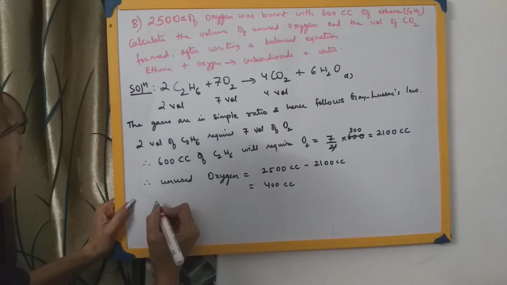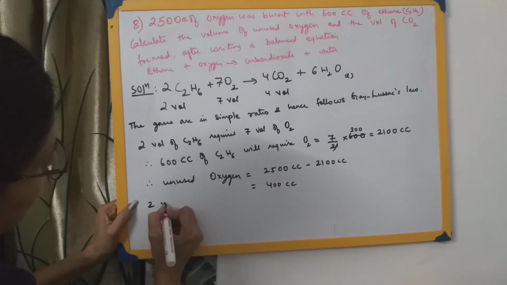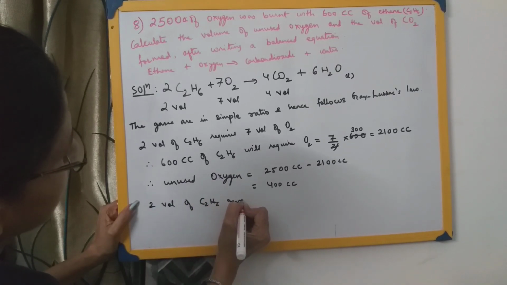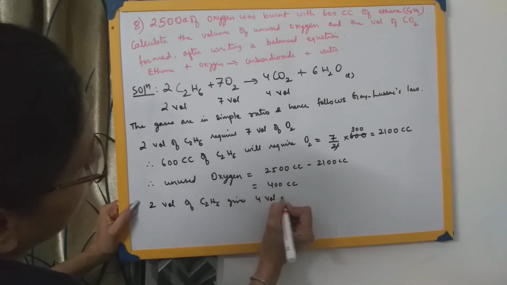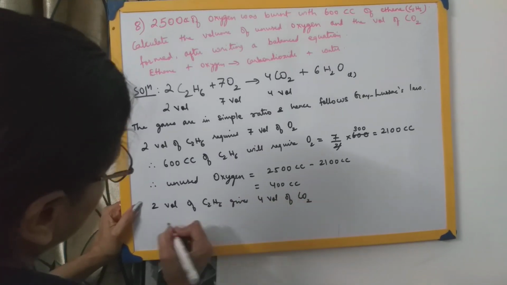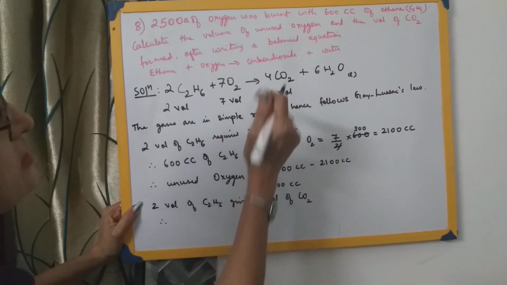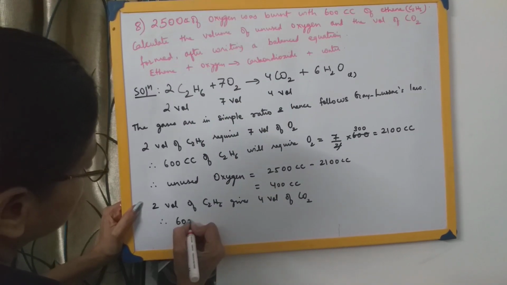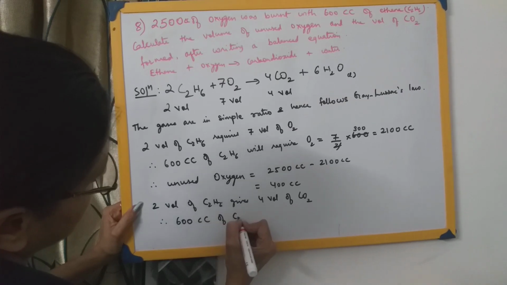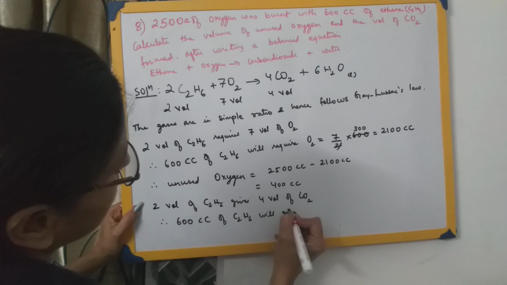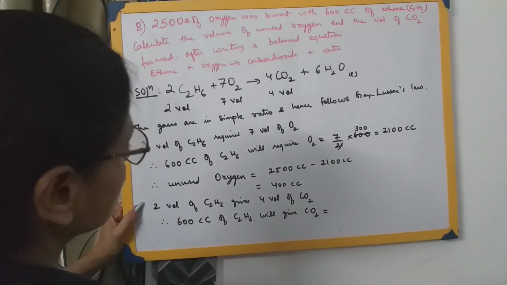Next is 2 volumes of C2H6 gives 4 volumes of carbon dioxide. Therefore 600 cc of ethane will give carbon dioxide equals to what will we be doing?